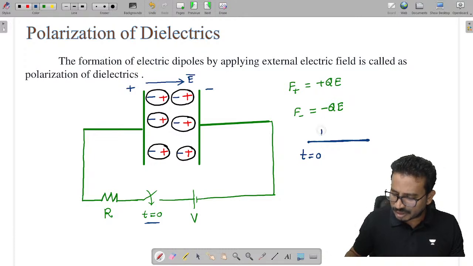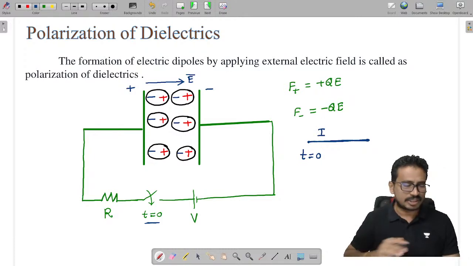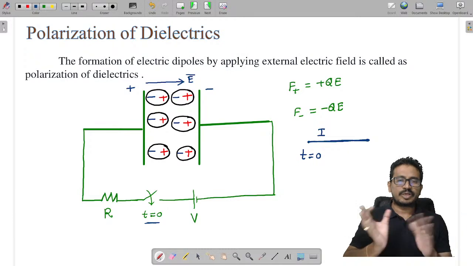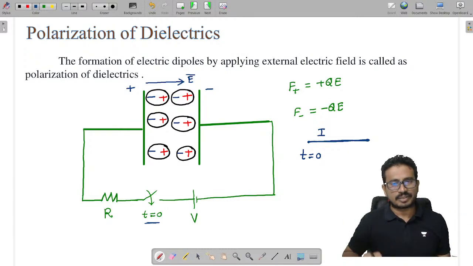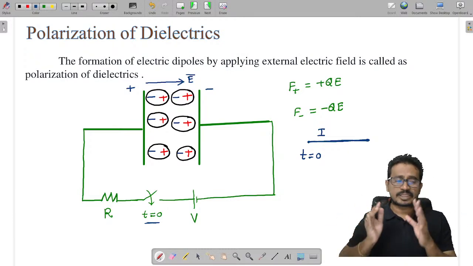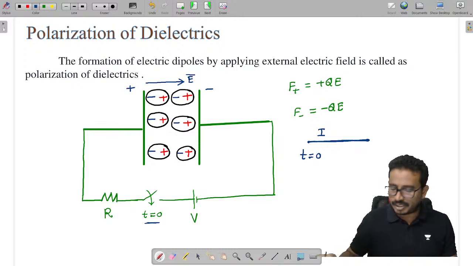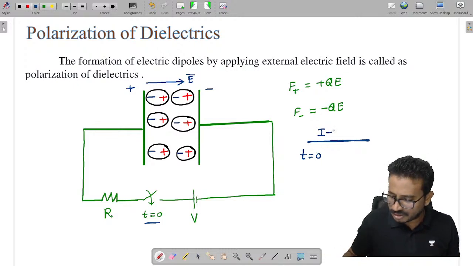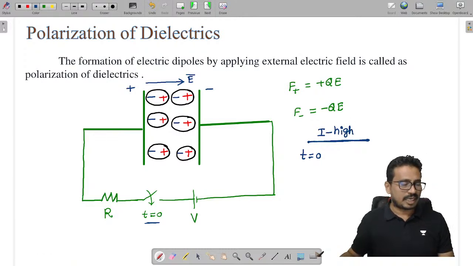So we have a huge amount of charges flowing from one side to the other. Maximum charges are flowing, that means we have a very high current.